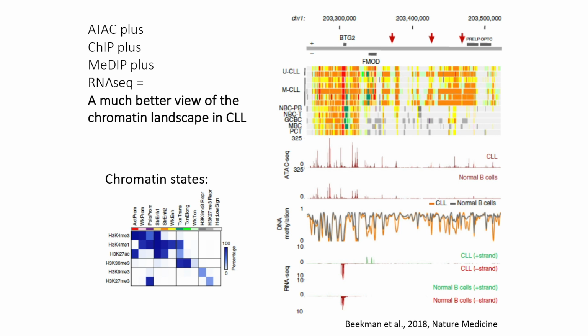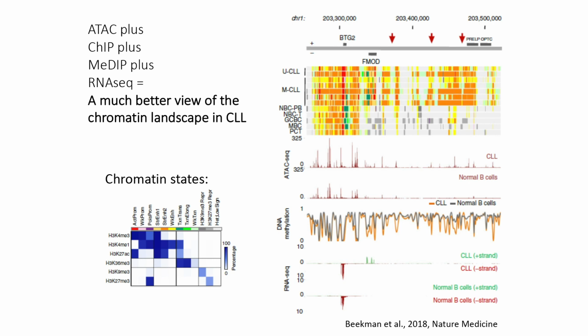The ATAC-seq data can also show that these hotspots of modification of histones that are activating in the disease state that aren't there in the healthy state also correlate with open chromatin in the disease state that isn't there in the normal state.